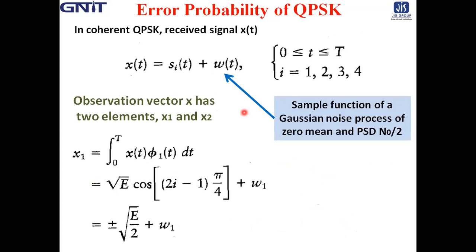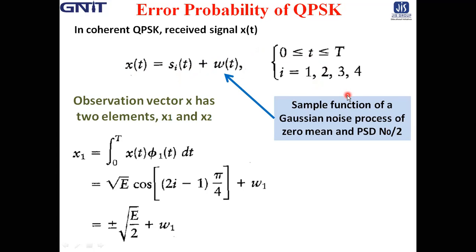Now, error probability calculation for QPSK. In a coherent QPSK system, the received signal x(t) is defined as x(t) equals s_i(t) plus w(t), where t belongs to 0 to capital T and i equals 1, 2, 3, 4.